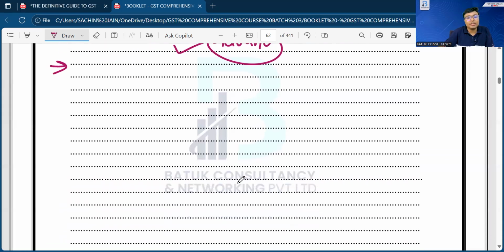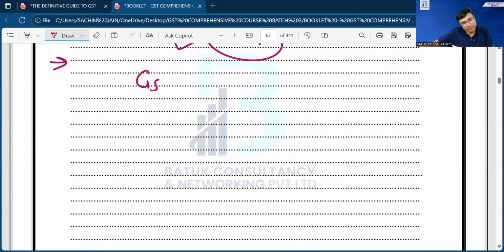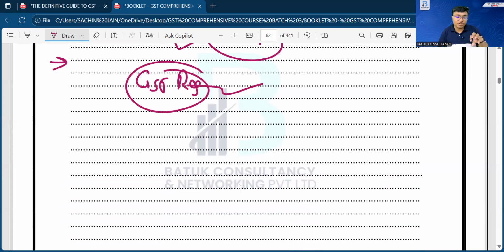Now, after filing the GST registration application, there may be chances that there will be a change in director, any change in proprietor particulars, a change in the principal place of business, a change in the additional place of business, a change in the HSN and SAC code, or a change in the banking details.